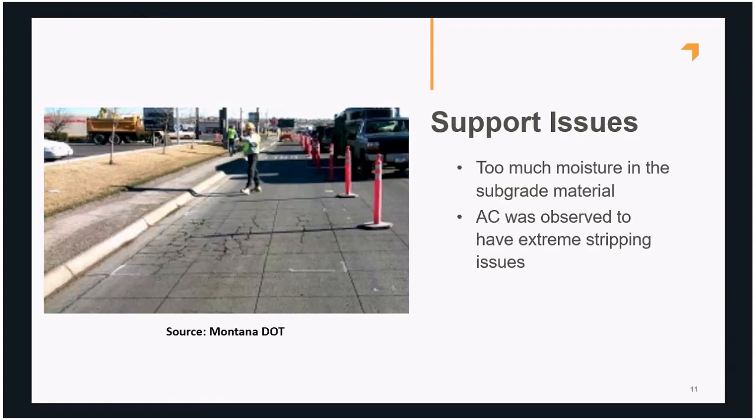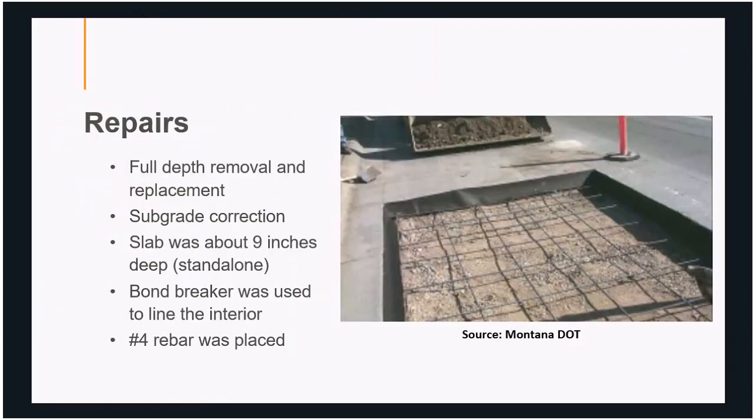Another factor that prompted the full panel removal and replacement was support issues. Premature failure was determined to be support issues where there was too much moisture in the subgrade material. The AC was also observed to have extreme stripping issues in this case. The repairs performed were full depth removal and replacement.